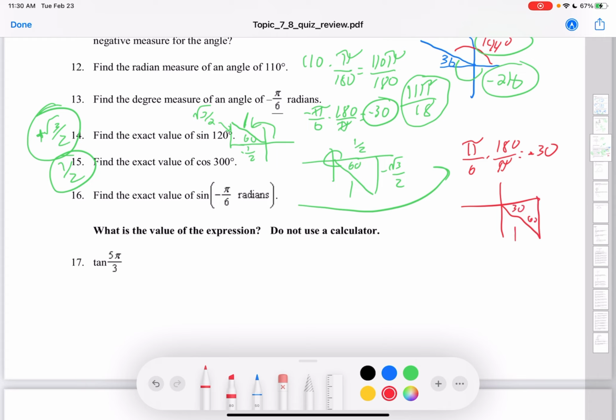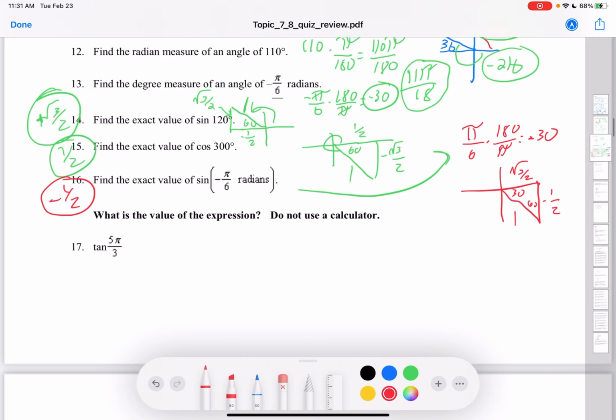So we've got 1. This is negative 1/2. This is the square root of 3 over 2. It wants the sine of this. The sine is opposite over hypotenuse. So the sine of negative 30 is negative 1/2. And again, if you put 0.5, that's not the answer. It's negative 1/2. Yes, I know it's the same, but you've been told, and you need to show your work.